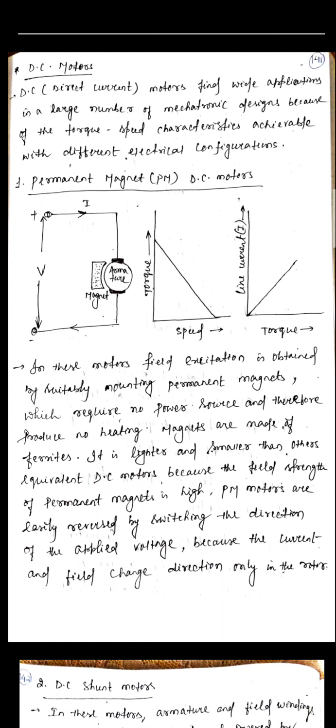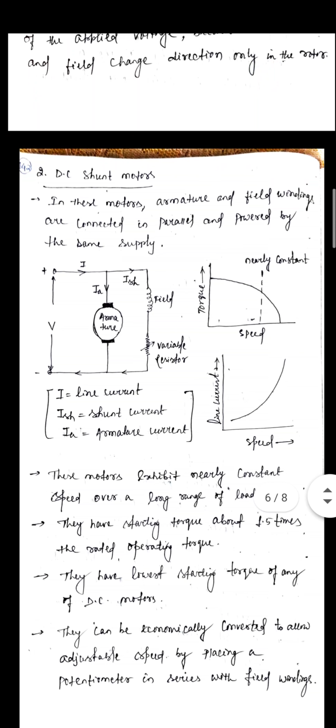It is lighter and smaller than other equivalent DC motors because the field strength of the permanent magnet is high. Permanent magnet motors are easily reversed by switching the direction of the applied voltage, because the current and field change directions only in the rotor. Clear?